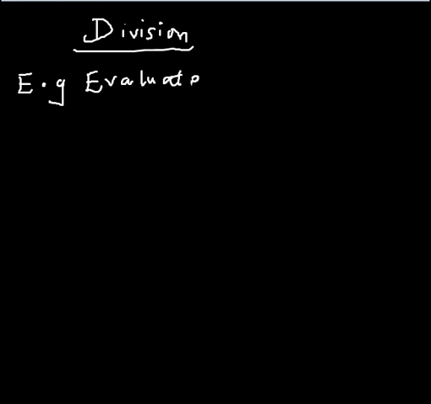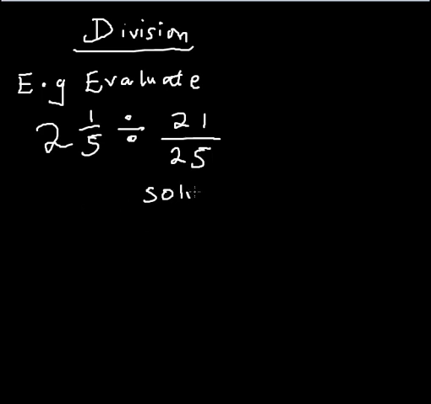Evaluate 2 whole number 1 all over 5, then divided by 21 all over 25. So I'll just use this to illustrate how we actually operate on division.